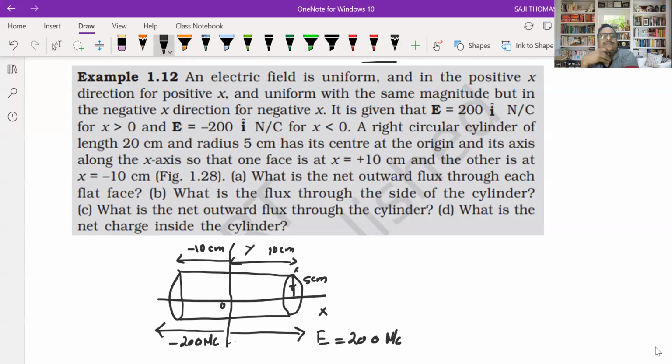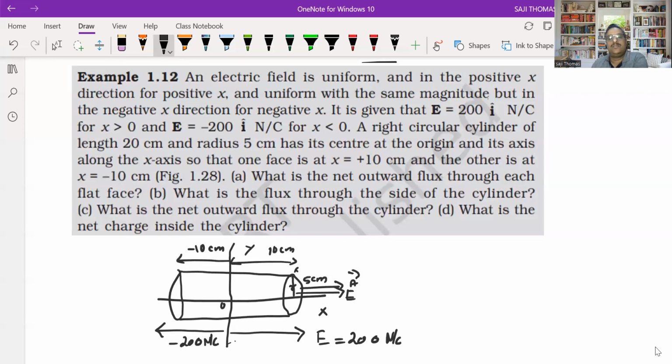What is your first question? What is the net outward flux through each flat face? You can see there are two flat faces. On the right side, the electric field is along this direction, and the area vector is also in the same direction.